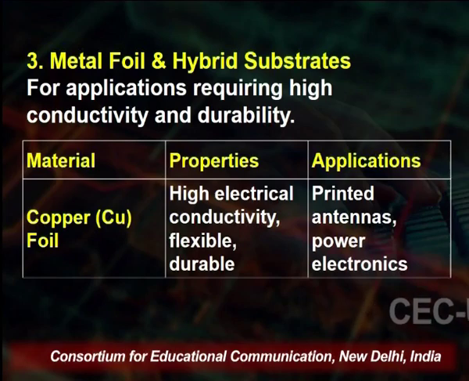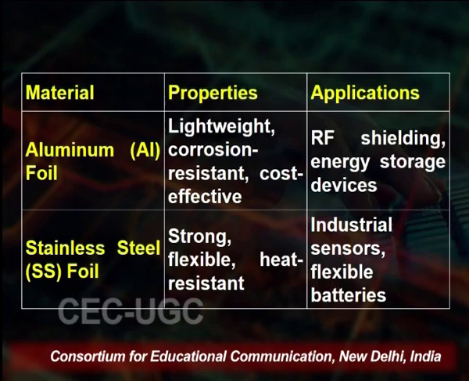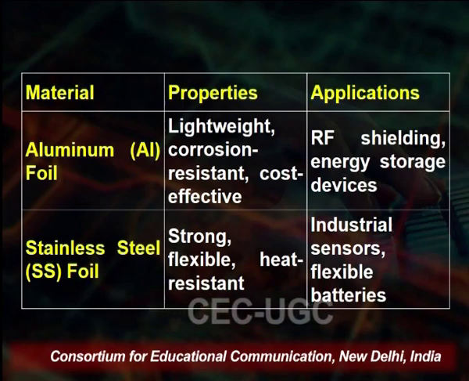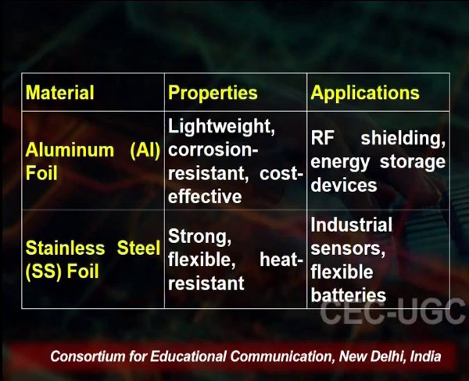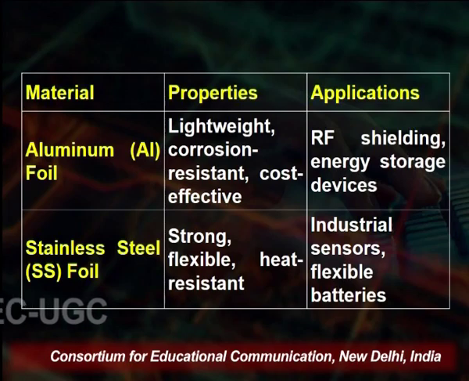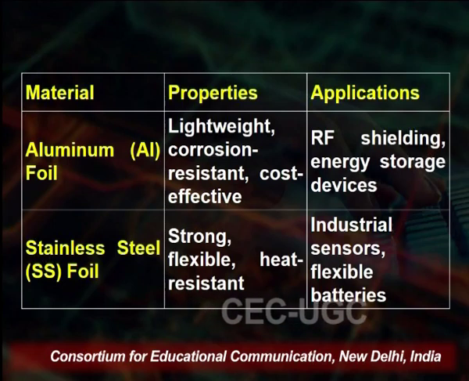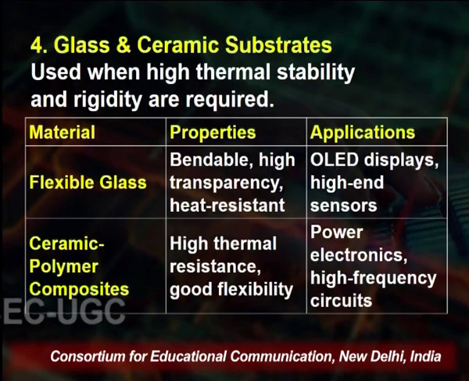It is used for printed antennas and power electronics. Another is aluminum foil, which is lightweight, corrosion resistant and cost effective. So, we use aluminum foil as a substrate in RF shielding, energy storage devices and many more. And stainless steel foil is strong, flexible and heat resistant, so it is used in the preparation of sensors as well as flexible batteries.